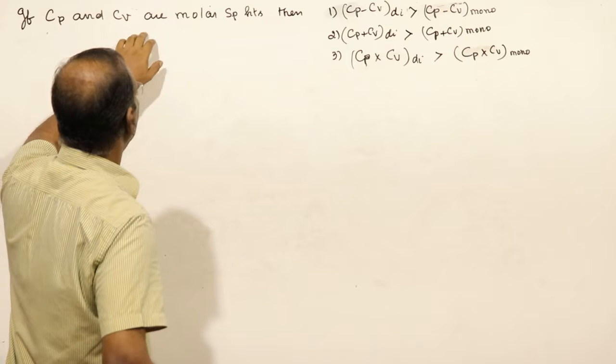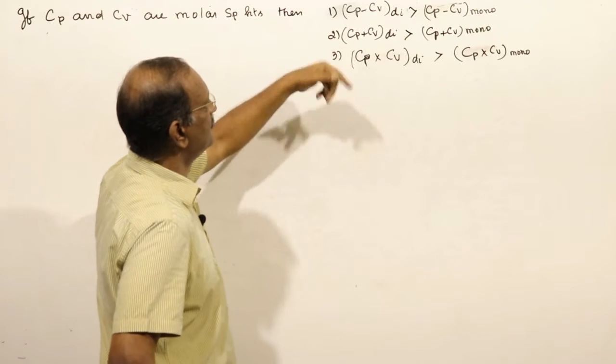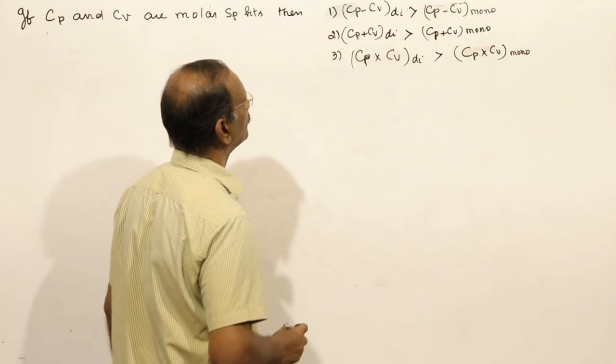If Cp and Cv are molar specific heats, then Cp minus Cv of diatomic is greater than Cp minus Cv of monoatomic.